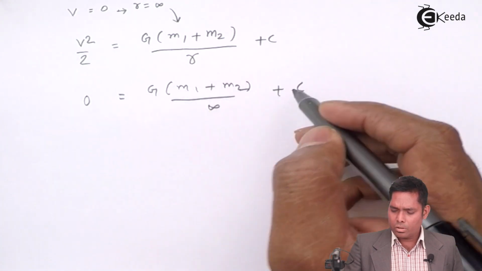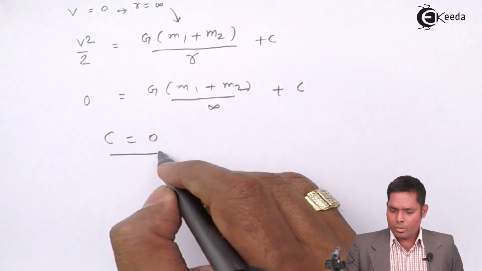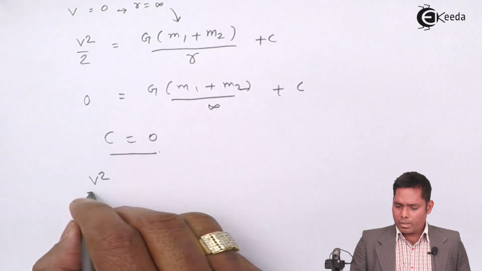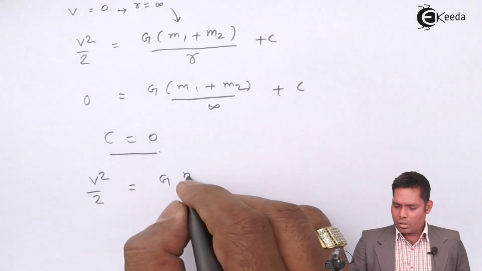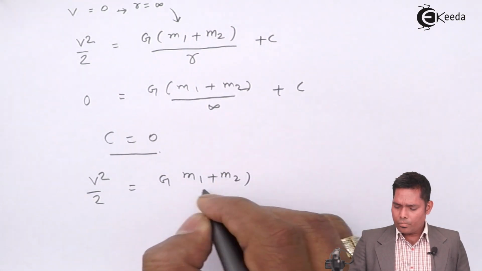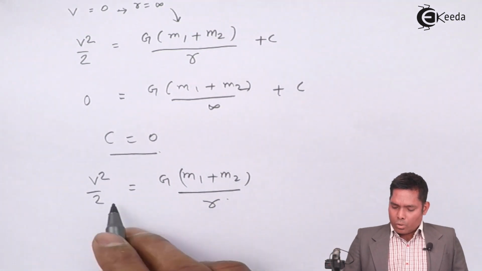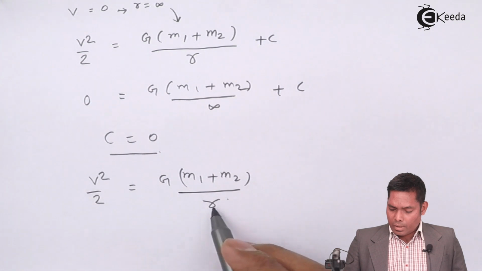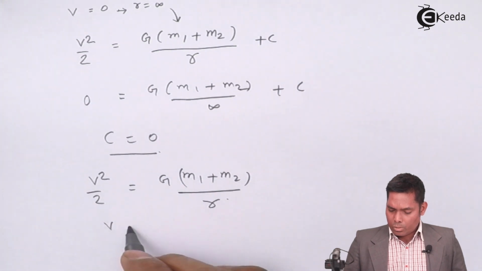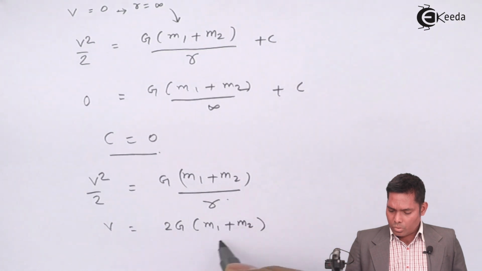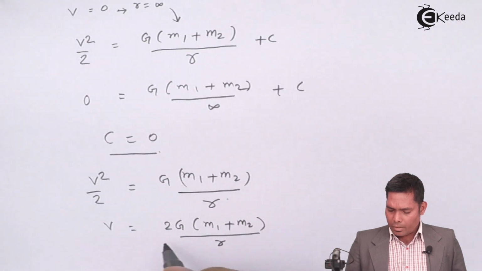This is also 0, so c becomes 0. Putting c equals 0, the equation becomes v square by 2 equals G(m1 plus m2) divided by r. So this is the relative velocity when r is the separation, or v equals under root 2G(m1 plus m2) divided by r.